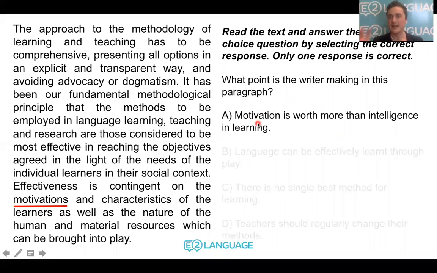Let's see if we can eliminate this one here, okay? We read A, motivation is worth more than intelligence in learning. The key word is motivation, so we need to look here in the text. Please write yes or no if this part of the paragraph reflects this statement here.